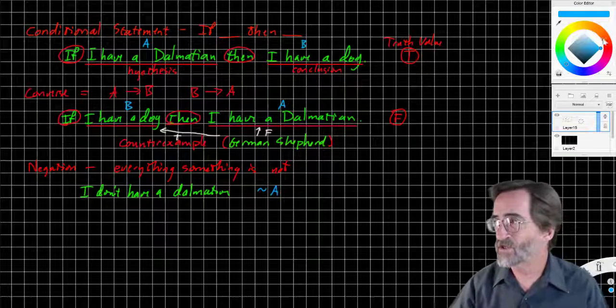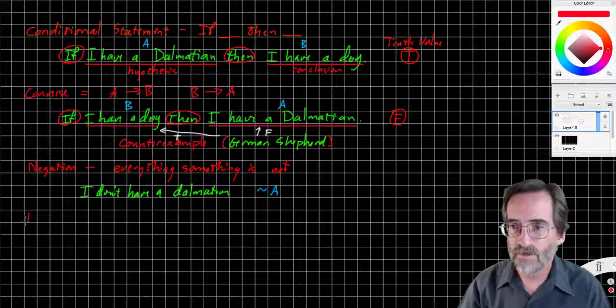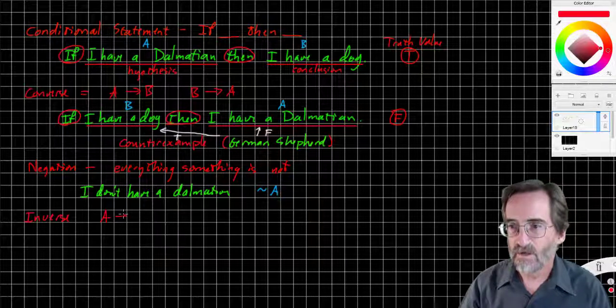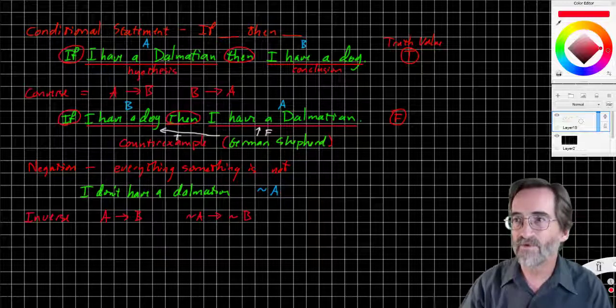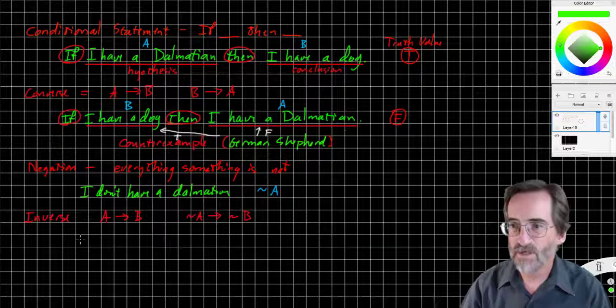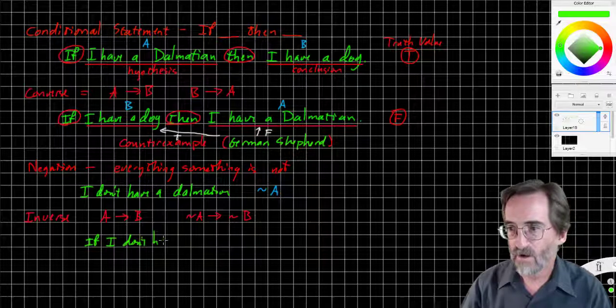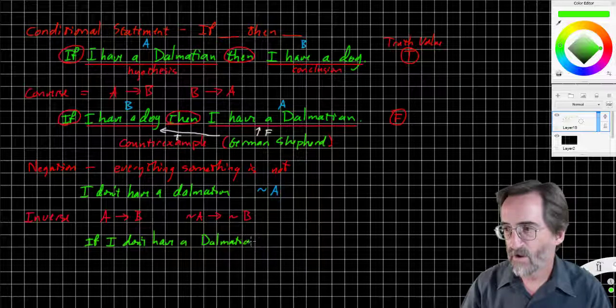And we need negation to define the next word, which is inverse. Inverse. That's when your A implies B becomes not A implies not B. So if I have a Dalmatian, then I have a dog becomes if I don't have a Dalmatian, then I don't have a dog.